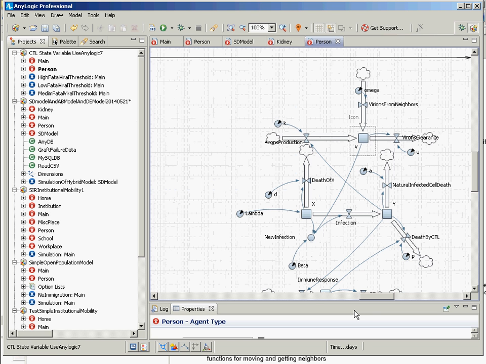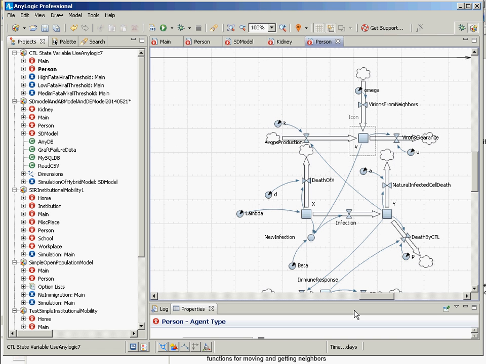Well, once again, I would come back to my suggestion too. Agent-based modeling is distinguished by its flexibility. And as I've mentioned before, it's a double-edged sword. It's a great, powerful thing. It's a little bit like a power saw.